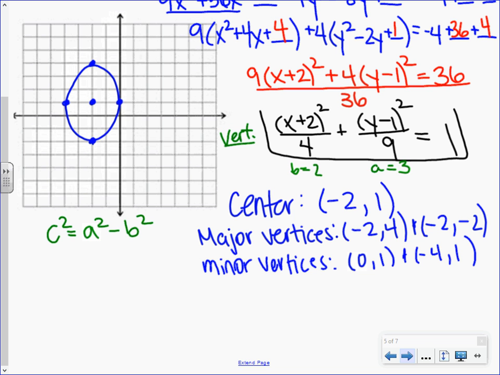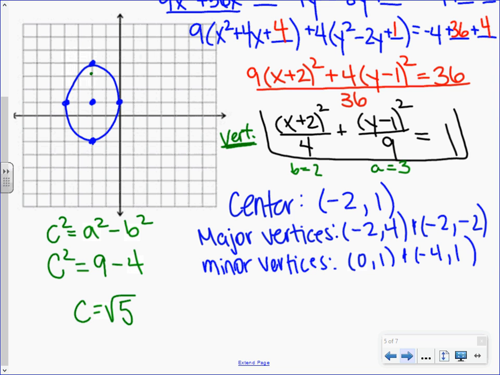C squared is a squared minus b squared. So c squared is 9 minus 4, which means c is radical 5. I know that radical 4 is 2, which means radical 5 is just a smidgen bigger than 2. So when I plot my foci, I'm going to plot them vertical because we have a vertical ellipse.